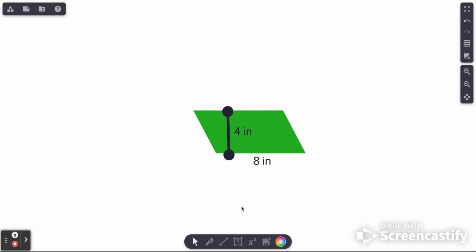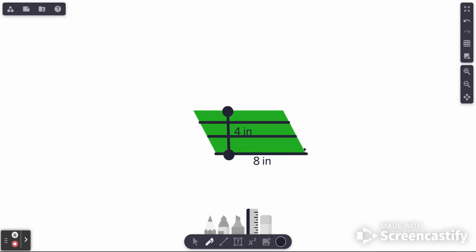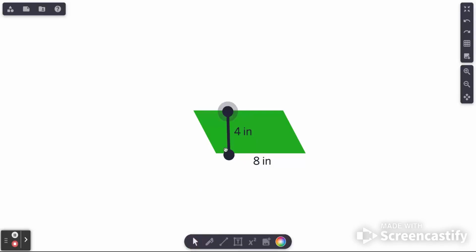If I were to try to just draw my lines like I did, I'm not going to get perfect squares, because it's slanted and doesn't have perfect square corners. So how would I go about finding the area?